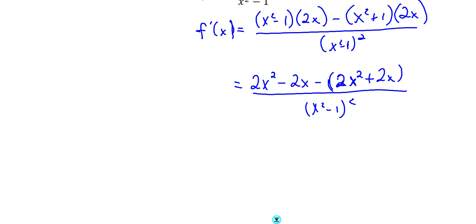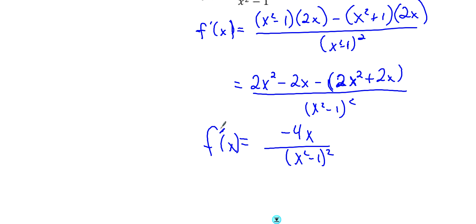And then we got 2x squared minus 2x squared, which is 0, and then negative 2x minus another 2x, which is negative 4x over x squared minus 1 squared. So this is my derivative, simplified, f prime of x.